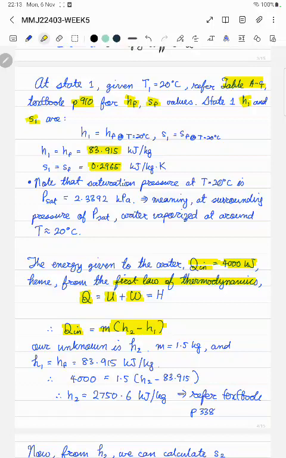Now we get the value of H1 from the table because that is our starting point. So our unknown is H2.